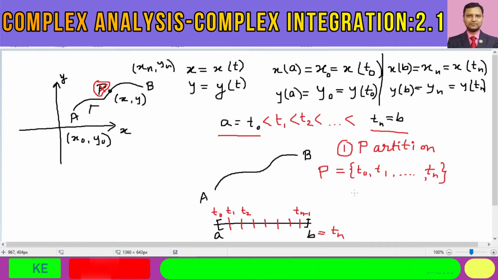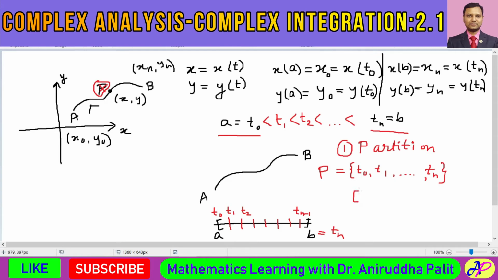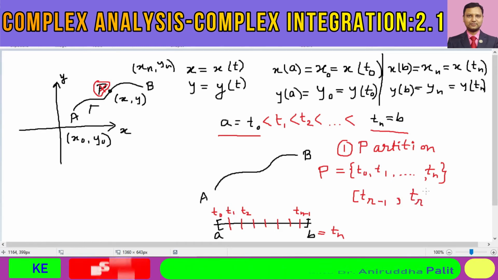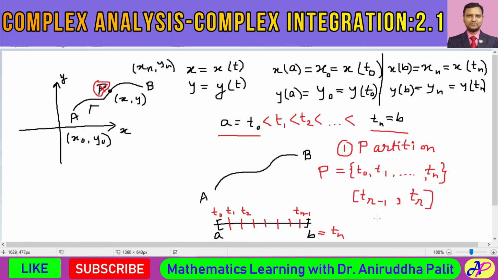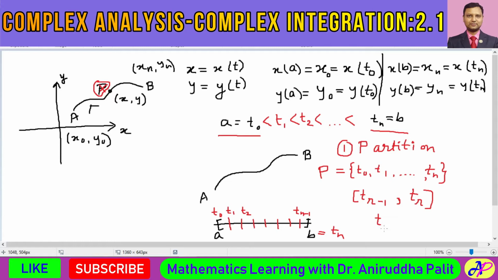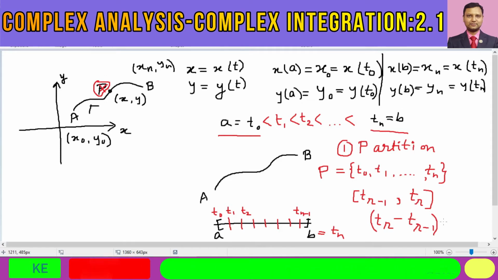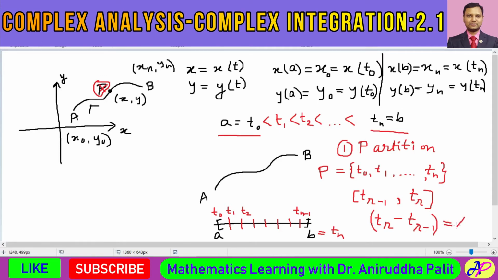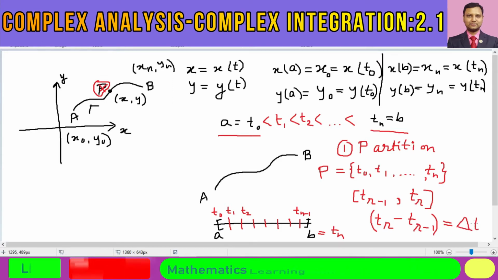If you consider the rth subinterval, the rth subinterval is t_(r minus 1) comma t_r. And the length of this rth subinterval is t_r minus t_(r minus 1). So let us write it as delta t suffix r.